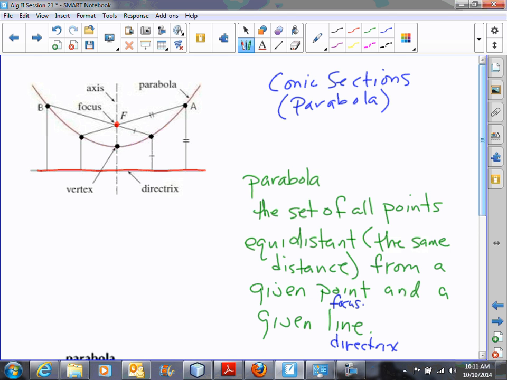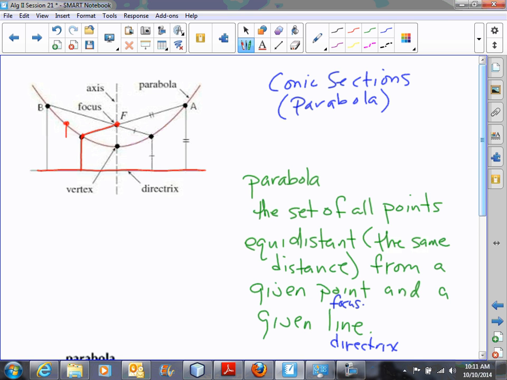Now, a point that's on the parabola would be the same distance away from the directrix as the focus. Let's look at some points. If you looked at this point right here, notice this is the distance from that point to the directrix, and this is the distance from that point to the focus. Pick another point here that they haven't shown us.